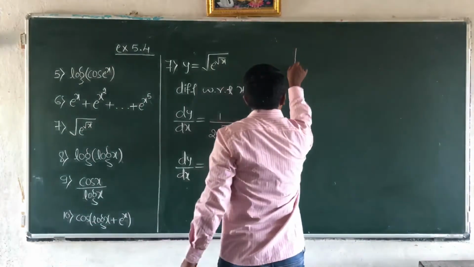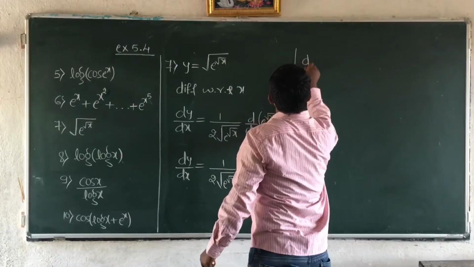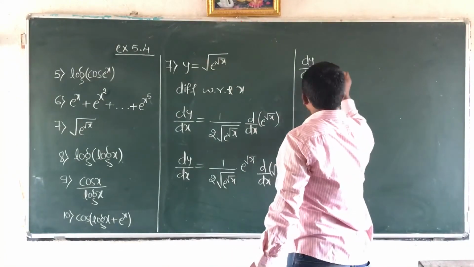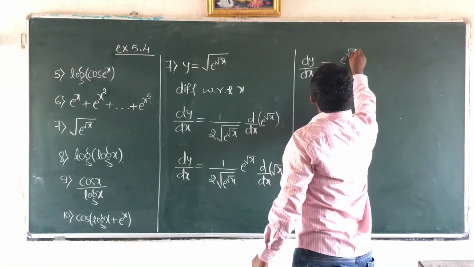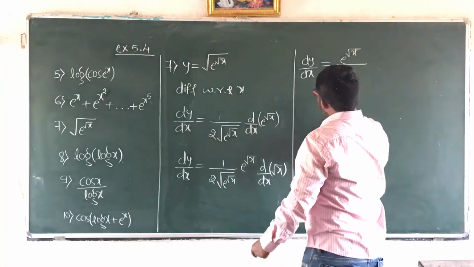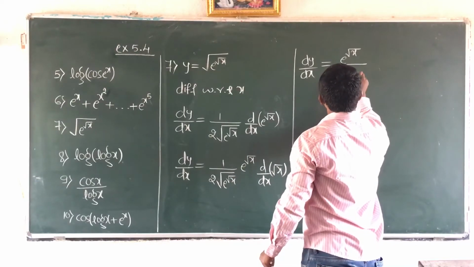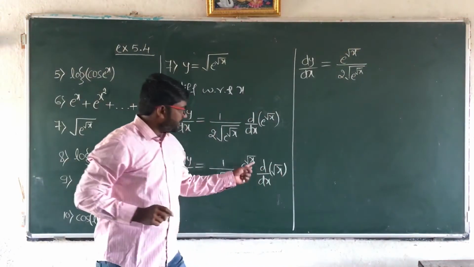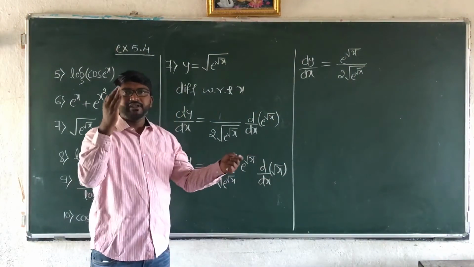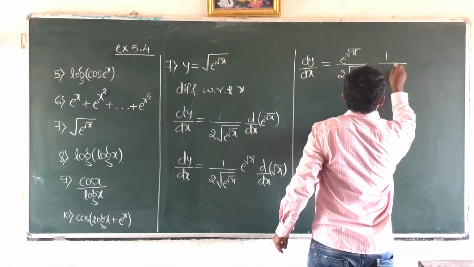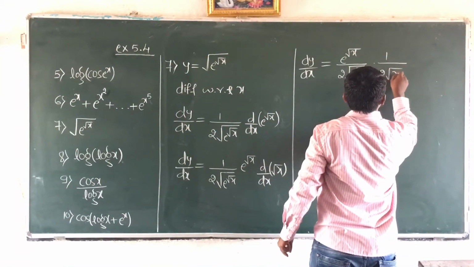Now see here, dy by dx is equal to e raised to root x divided by this term of 2 times under root e power root x. Now derivative of root x, it is 1 divided by 2 into root x. So into 1 divided by 2 times root x.